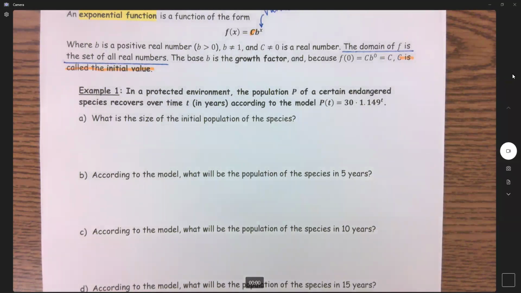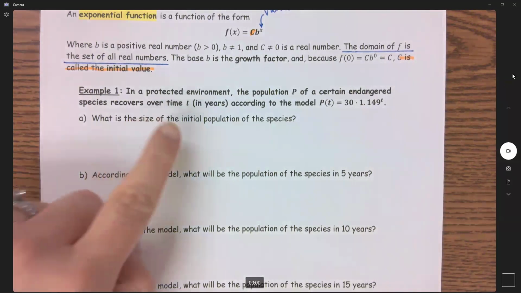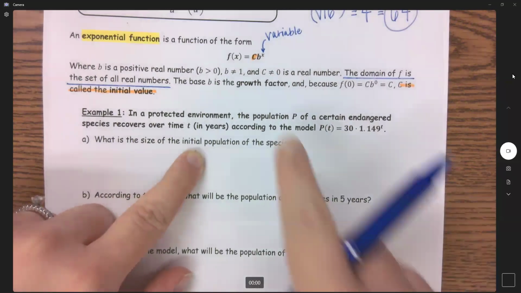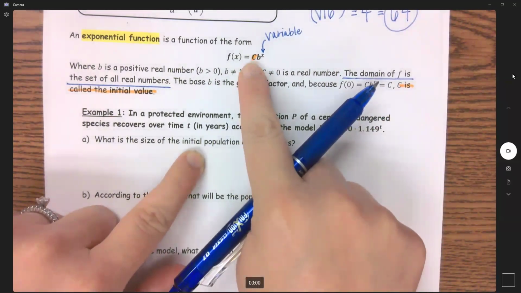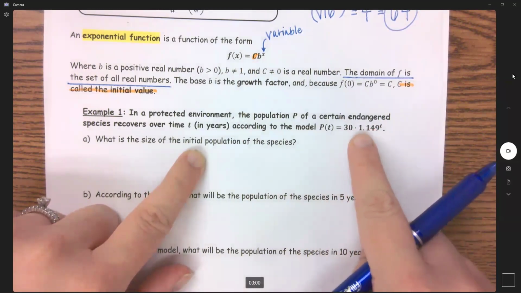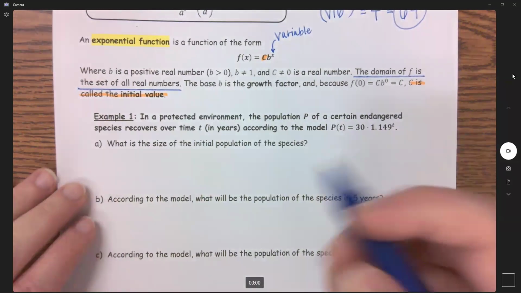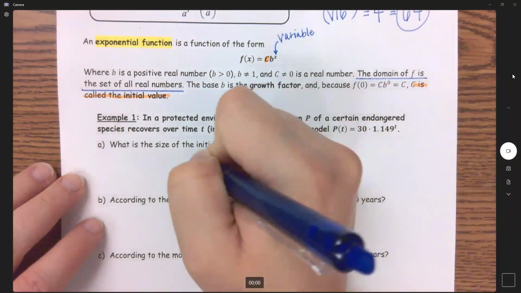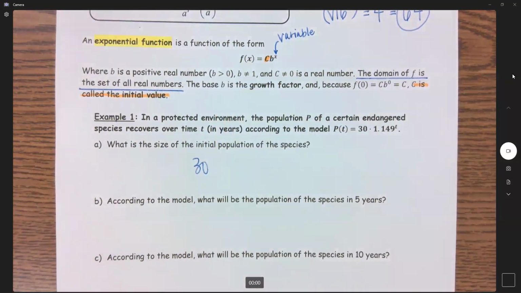So what is the size of the initial population? That keyword, initial population, is what's in front of the exponent. Because this is 30 times your exponent, we are talking about 30. 30 was my initial size of the population.